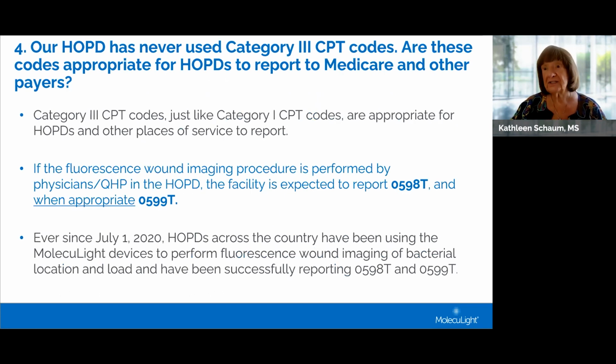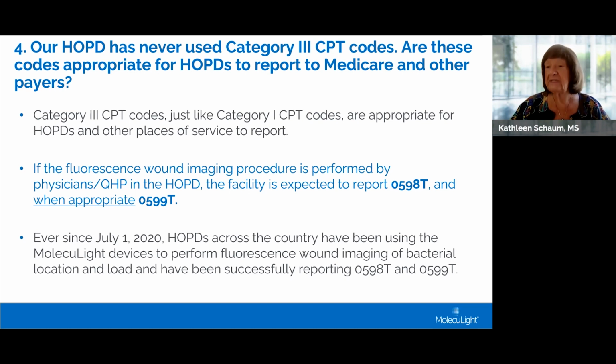Now let's discuss frequently asked question number 4. Our HOPD has never used Category 3 CPT codes. Are these codes appropriate for HOPDs to report to Medicare and other payers? The answer to this question is yes.